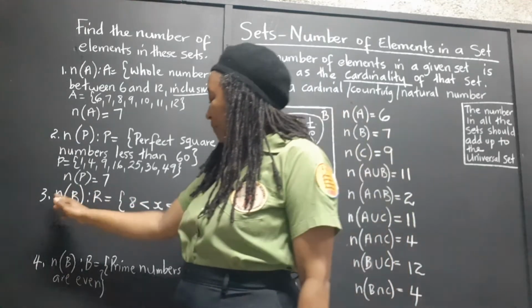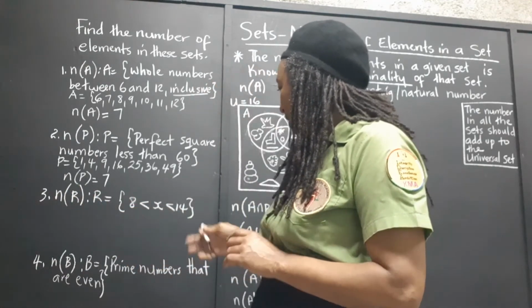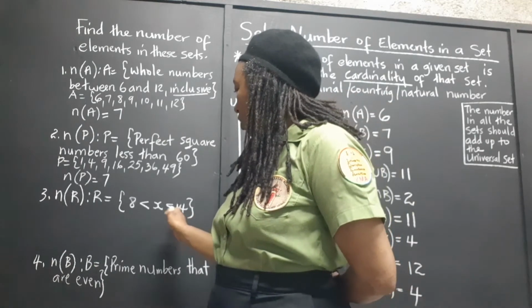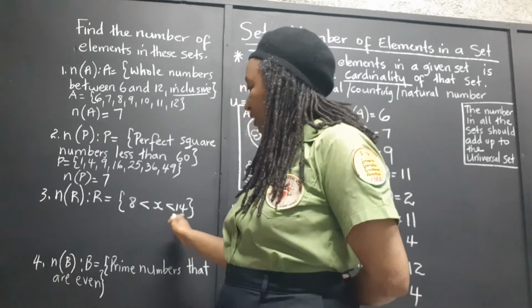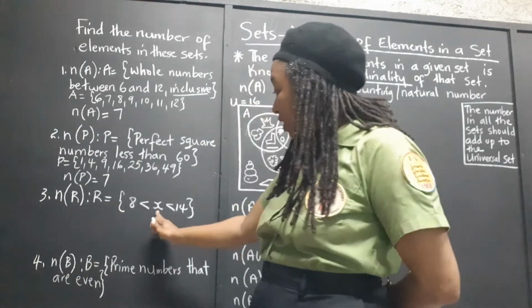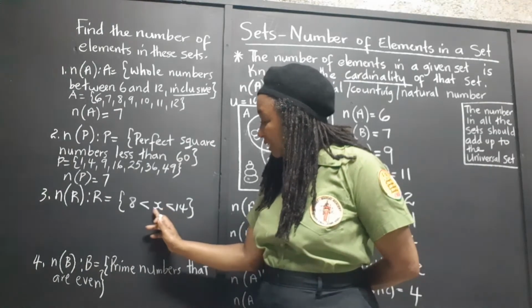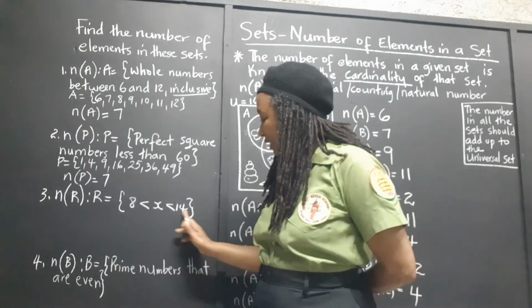The number of elements in R, such that R is, whenever we're given a set defined in this way, we read from the middle. So we read from the middle that way and from the middle this way.